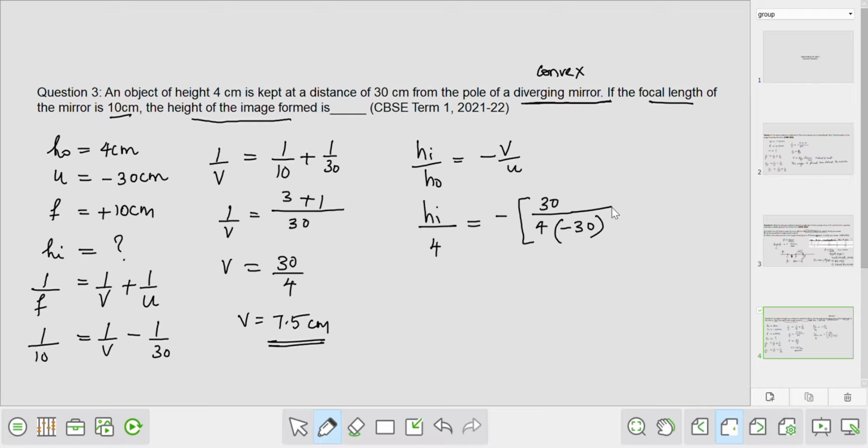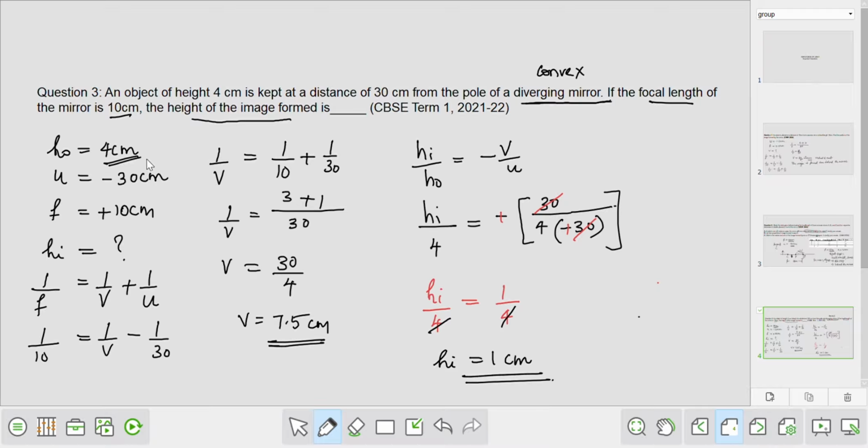You can cancel out the similar terms. The minus and minus become plus. So what is remaining here? HI by 4 is equal to 1 by 4. You can cancel out this 4 and 4. So your HI will be 1 centimeter. Are you all getting 1 centimeter?